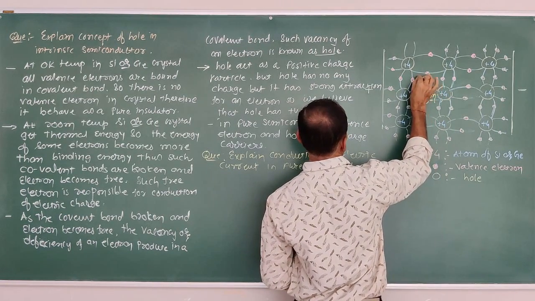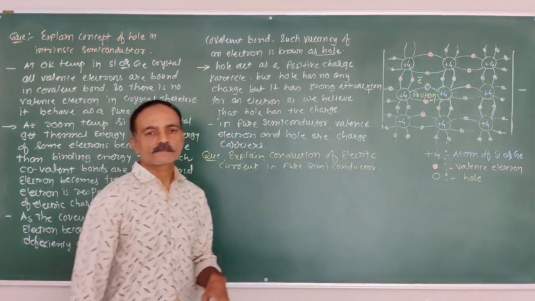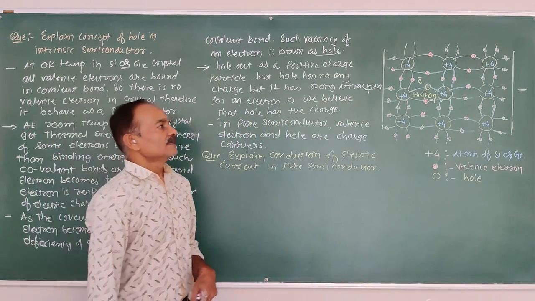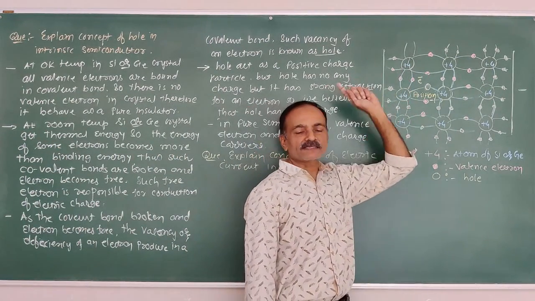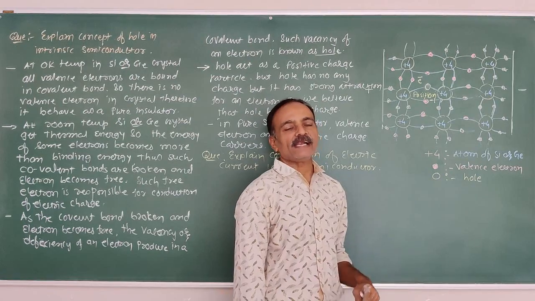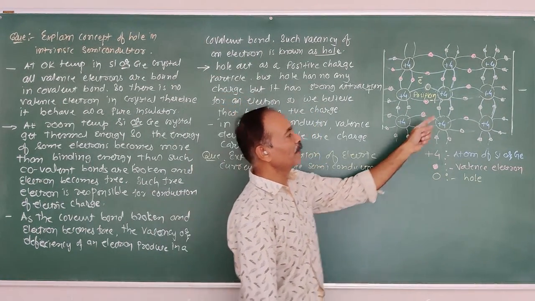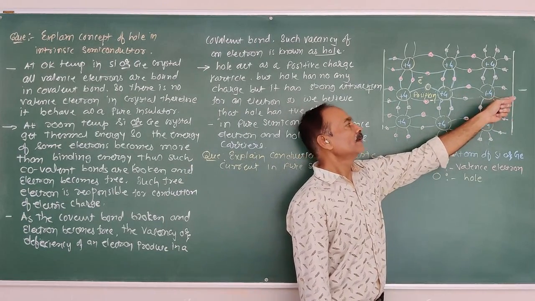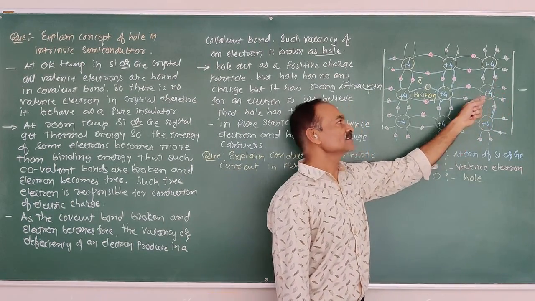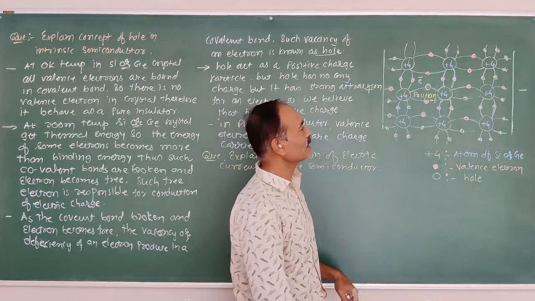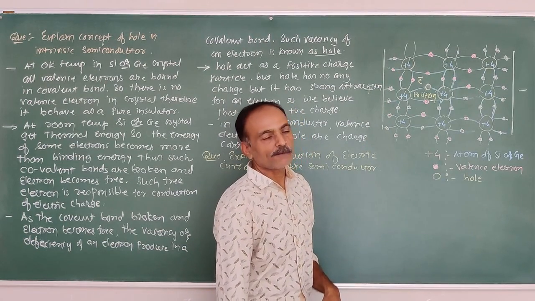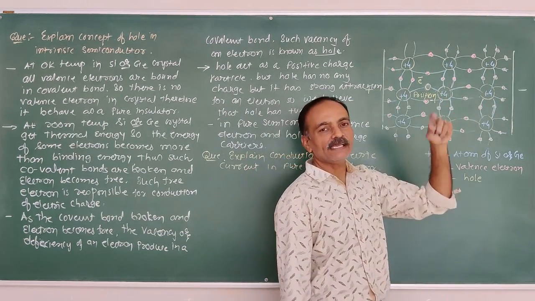So this electron becomes free. Whatever electron becomes free from the covalent bond acts as a free electron, travels from less electric potential to high electric potential and forms the electric current IE.